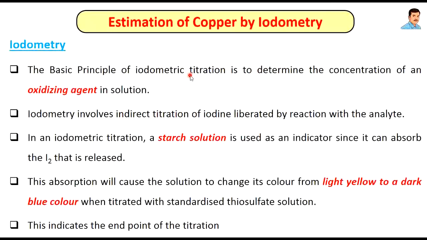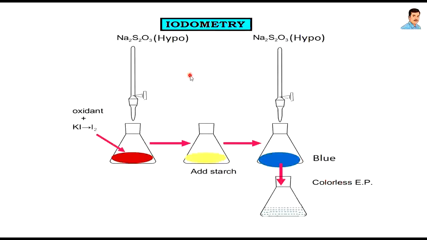Iodometry is a type of redox titration which is extensively used for estimation of oxidizing agents present in a sample solution. As you see in the picture, in iodometric titration, to the oxidizing agent, an excess amount of potassium iodide is added. Now the oxidizing agent oxidizes potassium iodide and liberates iodine.